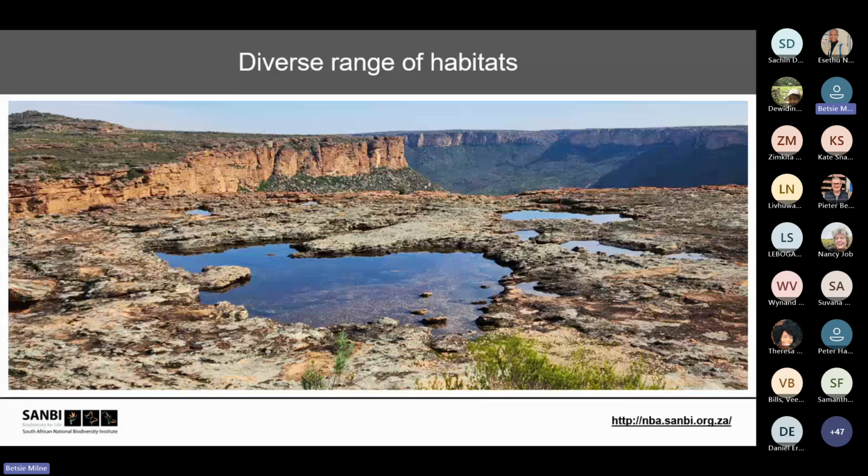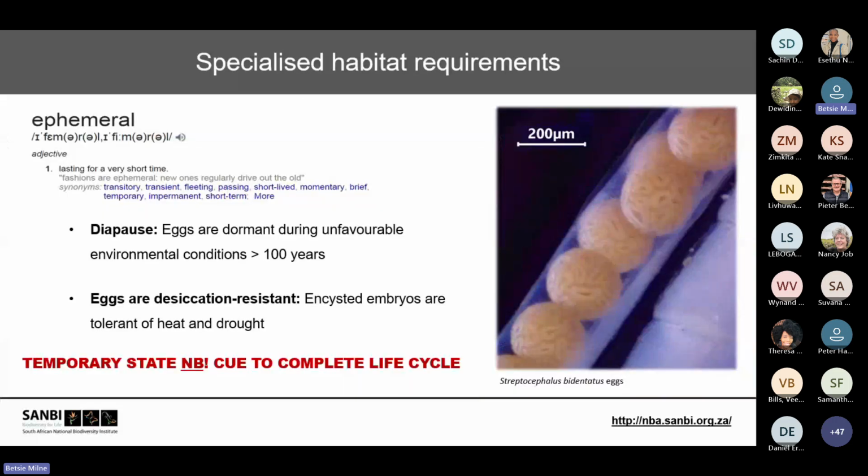So it's quite a diverse range of habitats. That's only a few to mention, but what they all have in common is that they are all ephemeral habitats. So they're temporary, they only last a very, very short time. And these organisms are very well adapted to live in these ephemeral habitats.